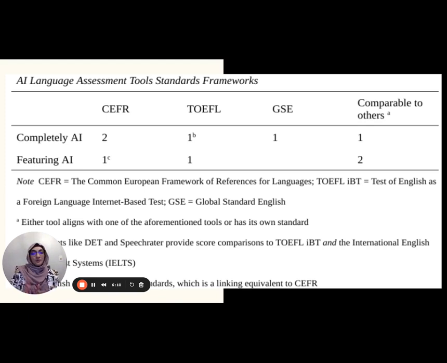So we have the tools that are completely AI and featuring AI mostly show us the scoring standards for the Common European Framework of Reference, the Test of English as a Foreign Language, and the Global Standard English. But we do find, and you'll hear later on in the presentation, that there are comparable or aligned scores and standards that are not specifically these, but they do align with these.